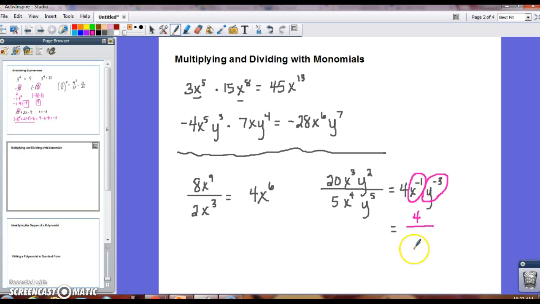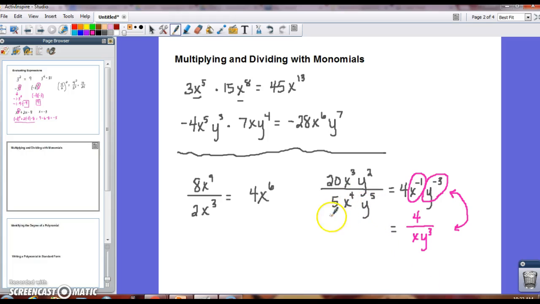This x to the negative 1 is going to go to the denominator, and now it's going to be positive. This y to the negative 3rd is going to move to the denominator, and now that exponent is also going to be positive. So this expression and this expression mean the same thing. It's just different ways of writing it.